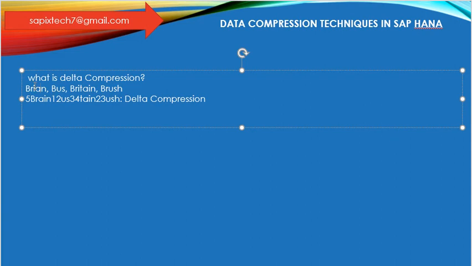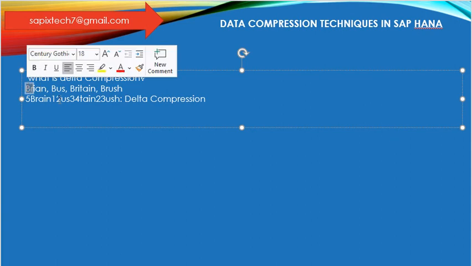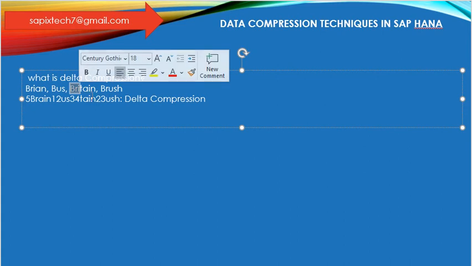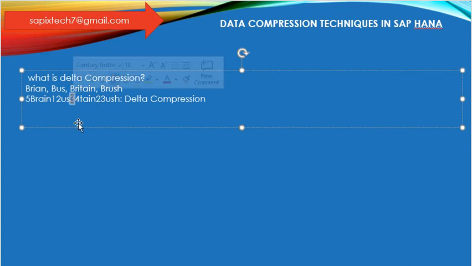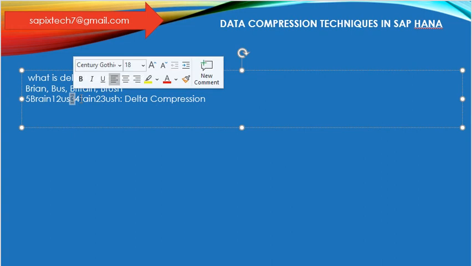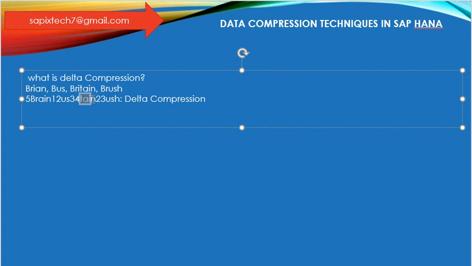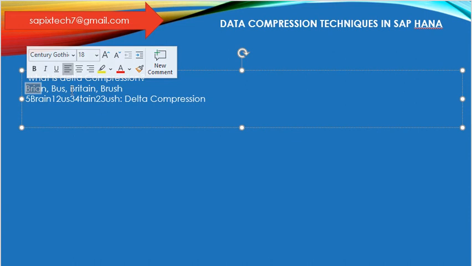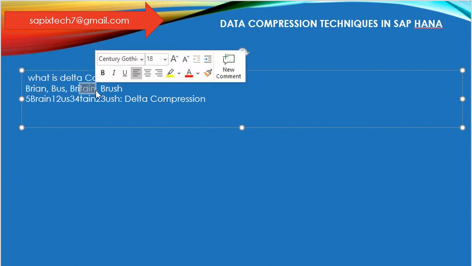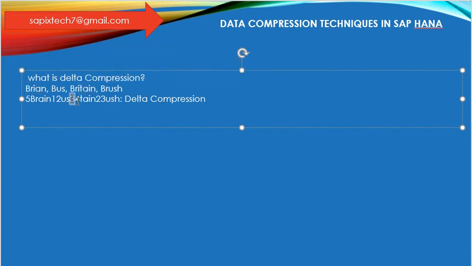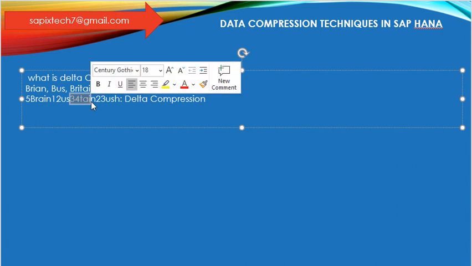So the first 3 characters are BRA, and there are 4 new characters, which are TAIN. So the first 3 characters are from BRAIN, and TAIN are the 4 new characters. Because of that, this is 3 4 TAIN.